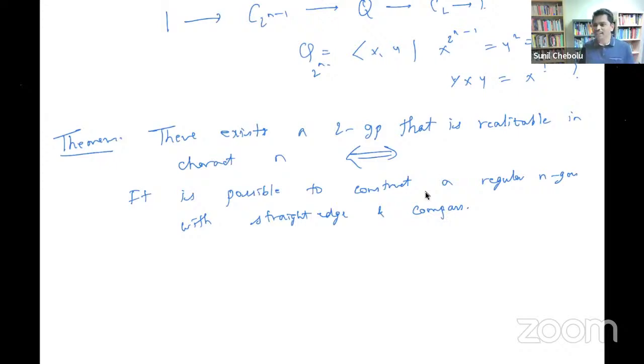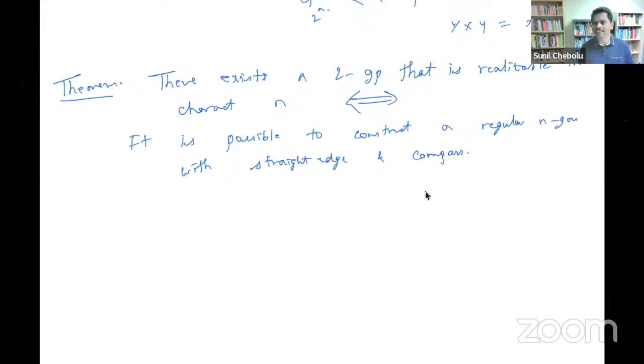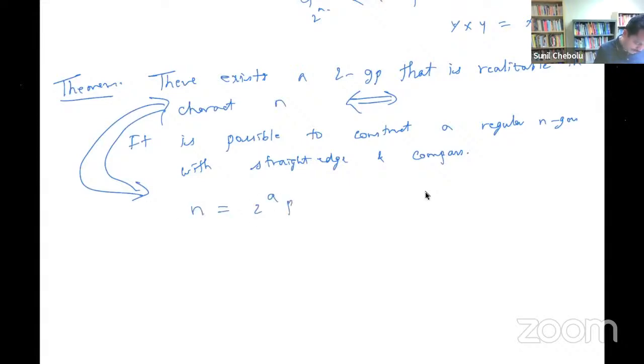I just presented it in a way that you would appreciate, but actually for the proof we use the Gauss-Wantzel theorem. What we actually show is that this is equivalent to: if and only if n is of the form 2 to the power of a, times p1, p2, up to pk, where the pi's are distinct Fermat primes.